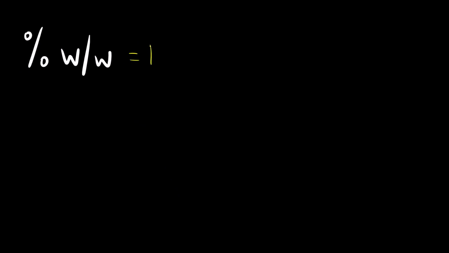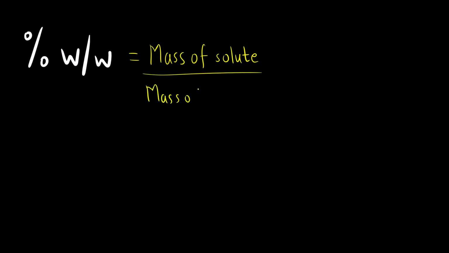This is what this is. First, let us see the formula. It is mass of solute divided by mass of solution into percent. Percent means 10 raised to 2, or we can say 100. This is percent weight by weight. Same goes for volume.